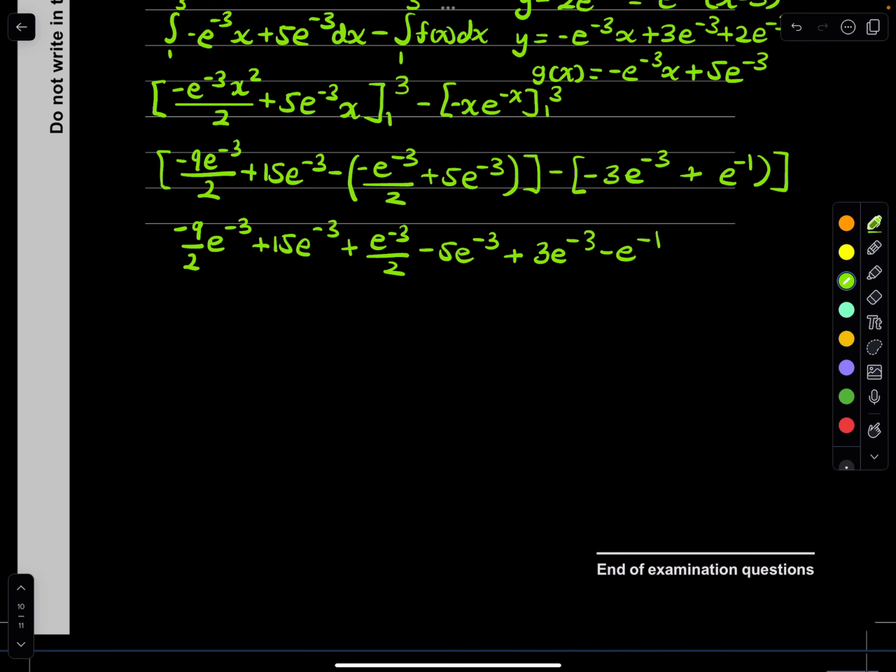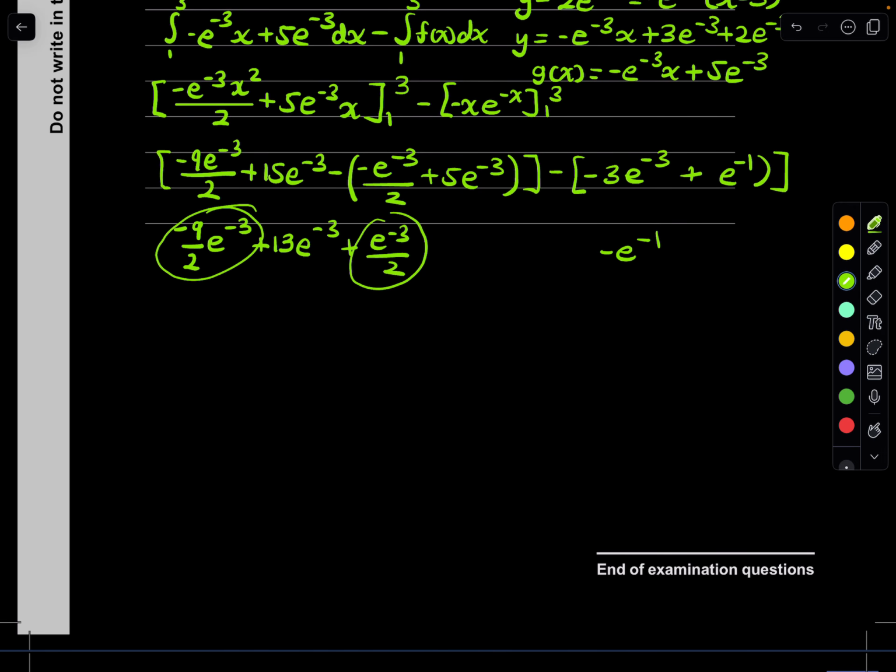So 15e negative 3 minus 5e negative 3 is basically 10e negative 3, and plus 3e negative 3 is actually 13. This one over here, because of the fractions, is negative 9 on 2 plus half, so negative 8 on 2, which is negative 4.